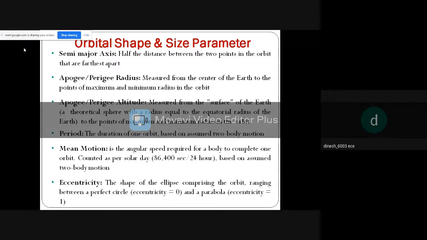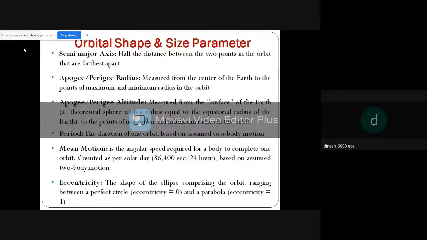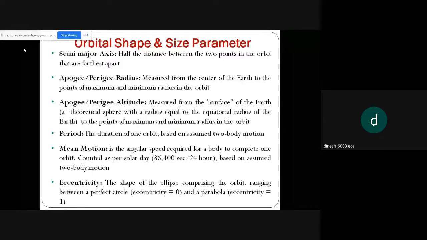So maximum points are your apogee, minimum points are your perigee. So if you measure the altitude from the surface of the Earth, that gives your apogee altitude as maximum, and whenever it is minimum, it gives your perigee altitude.